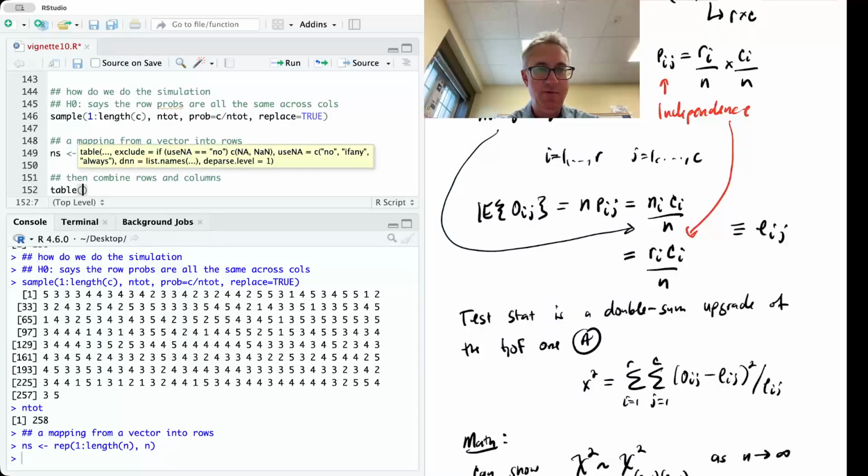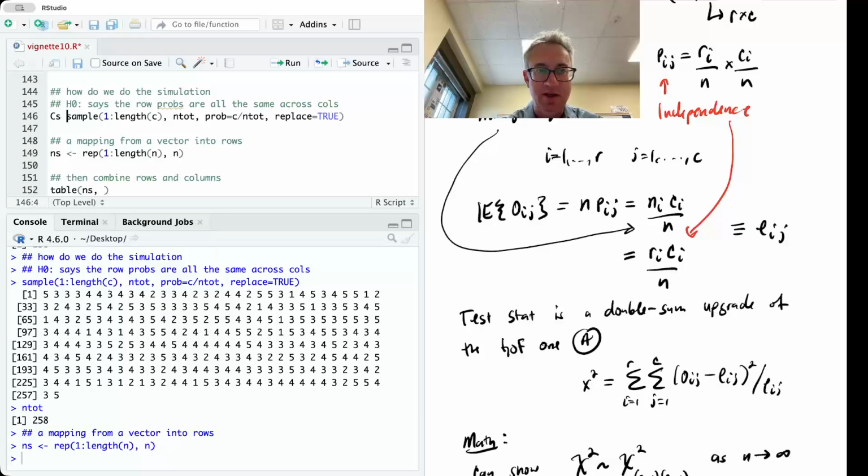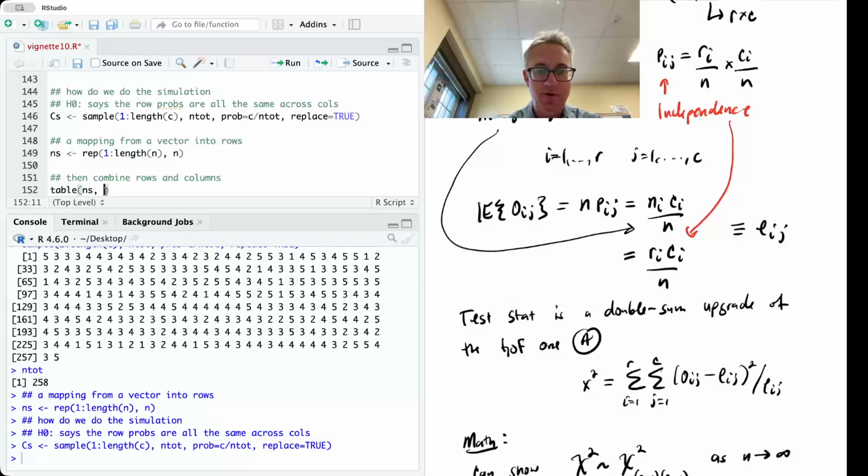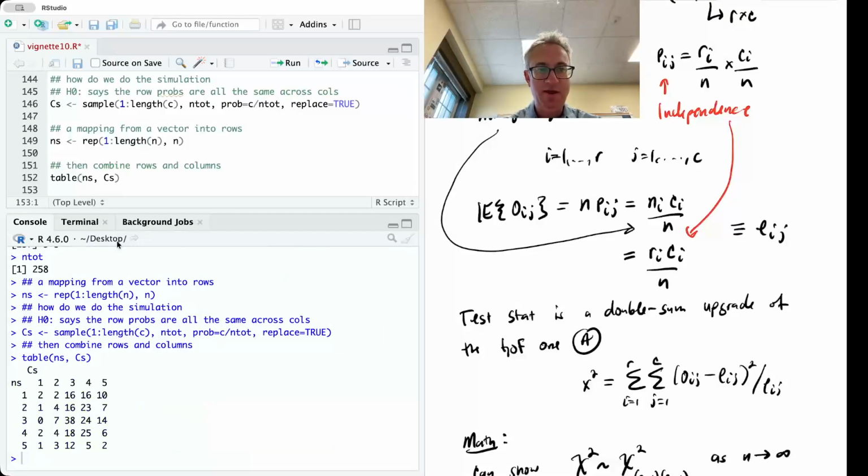So I can do table, take the n's, and then let's call this C's, and I've got to save that so then I can put it in here. Okay, I think that'll give me the table that I'm looking for.